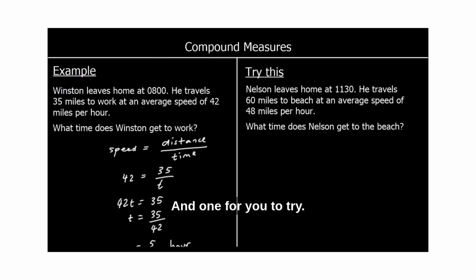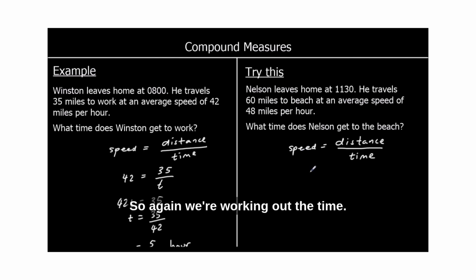And one for you to try. So give this one a go. So again, we've got speed equals distance over time. We've got a distance of 60 and a speed of 48. So again, we're working out the time.